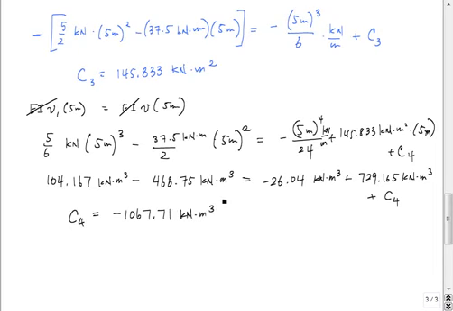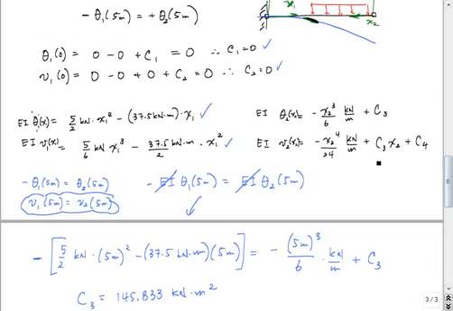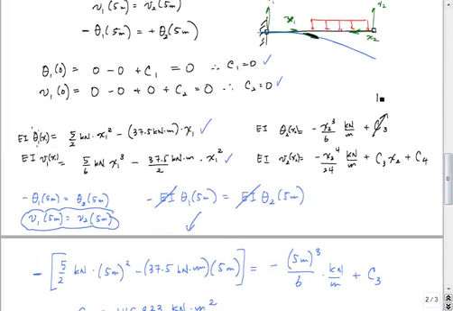So now I've got all my constants, and finally what I can do is go back and plug them into my equations over here. For this one, I would just put in C3, what was that? C3 was 145.833 kilonewton meter squared.